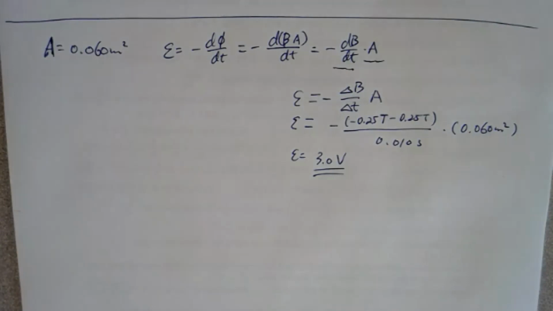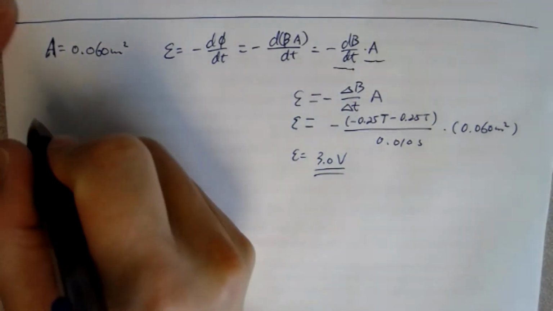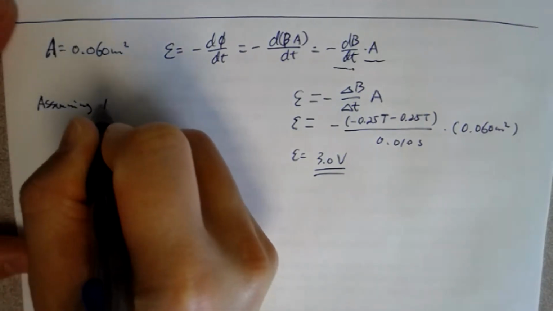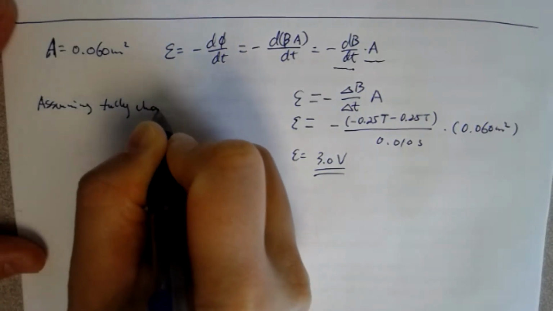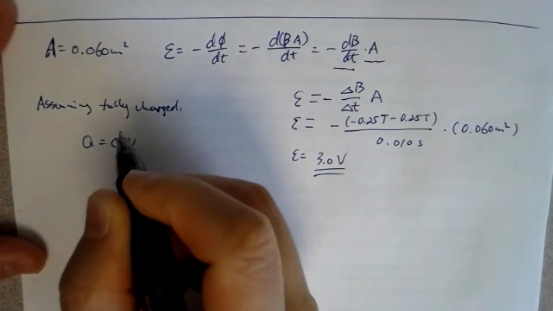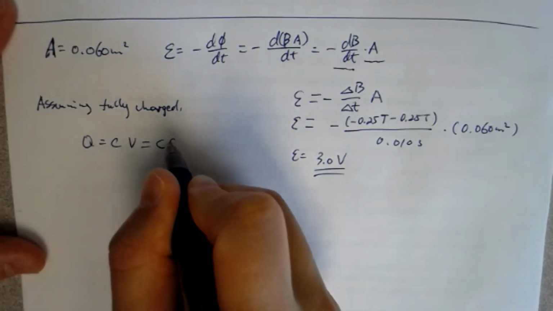All right, we're looking for the charge. So we can assume that during the process, the 0.010 second, the capacitor is fully charged. So how much charge would that be? Assuming fully charged, Q will be equal to C times V, where V is equal to epsilon.